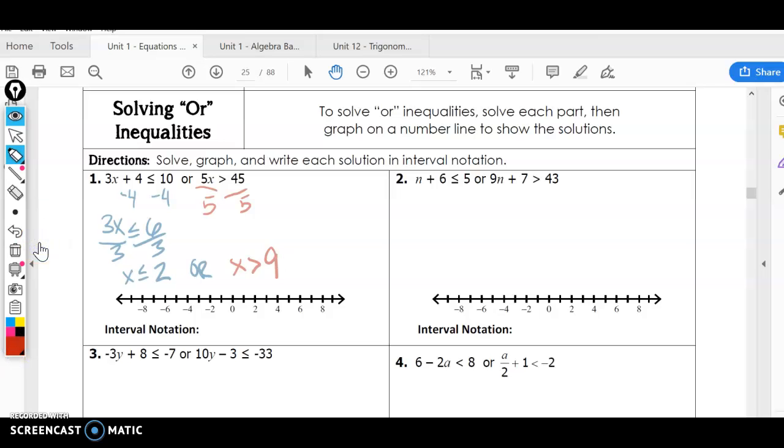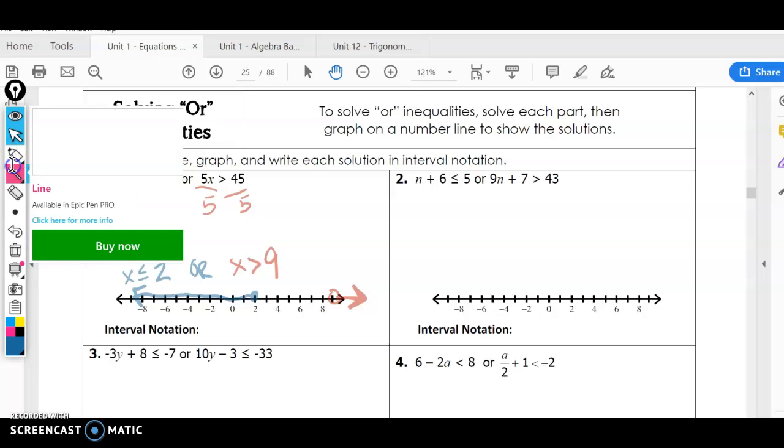Now let's graph. Less than or equal to 2 looks like here, closed circle pointing this way, and then greater than 9, open circle pointing this way. And again, we know it's OR because they're pointing in opposite directions. Notation looks like this.